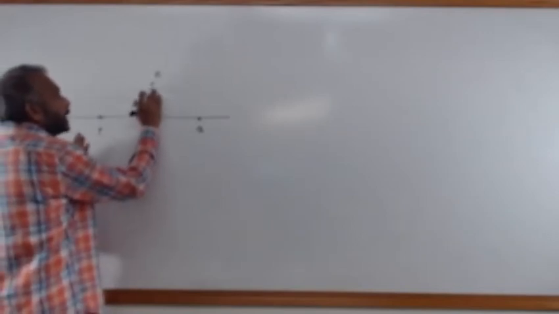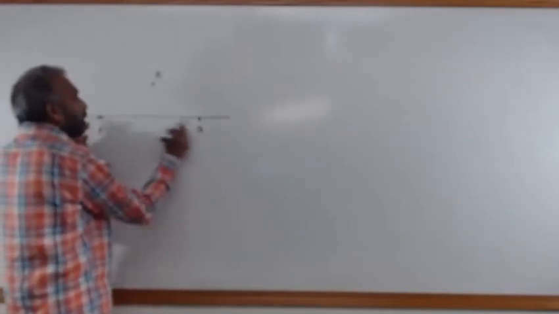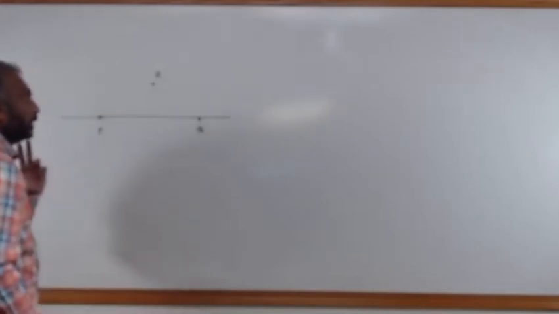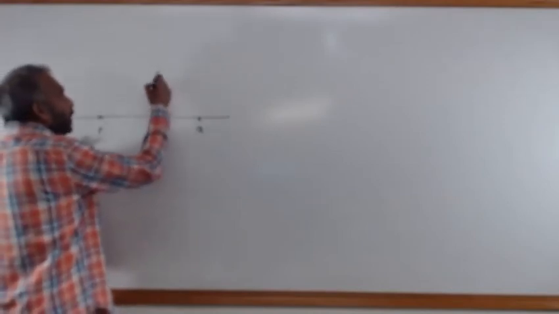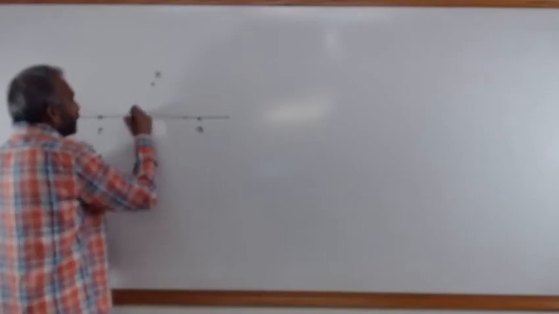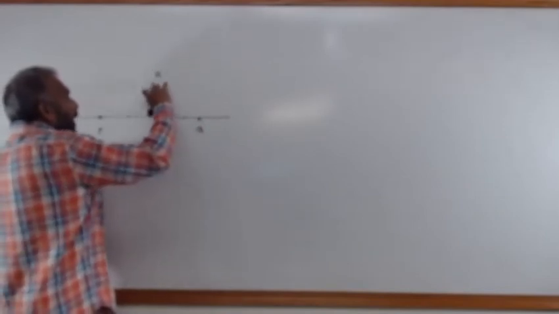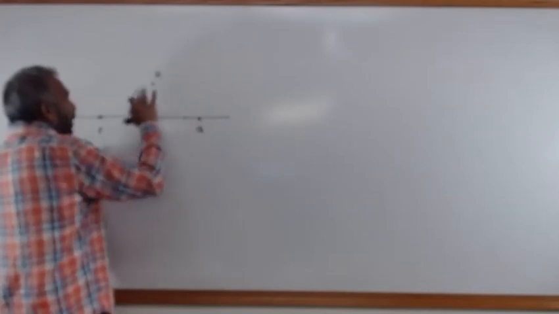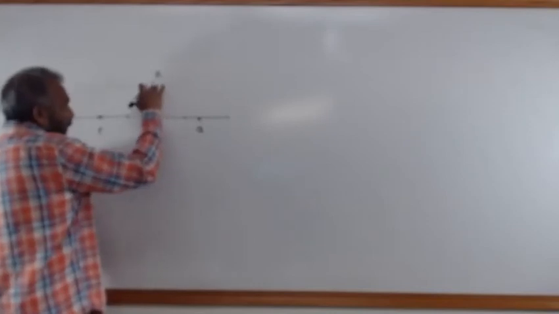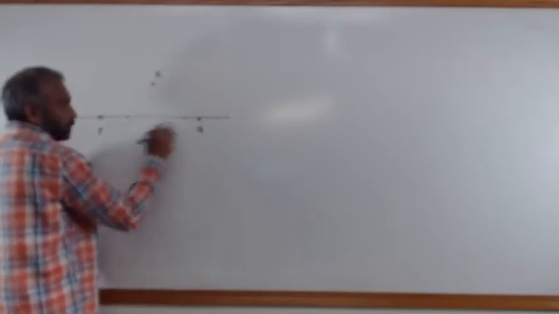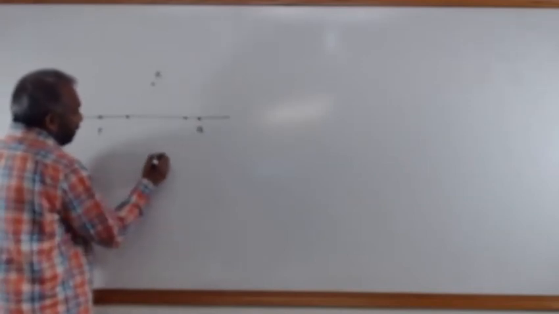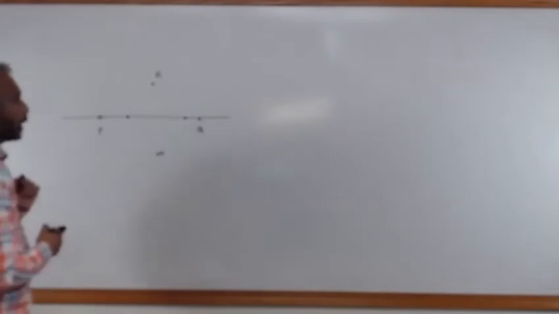That is possible: use the compass and mark two equal points on the line, at a distance more than the perpendicular distance from R. Then take these two points and mark the same radius, marking two points on the other side.